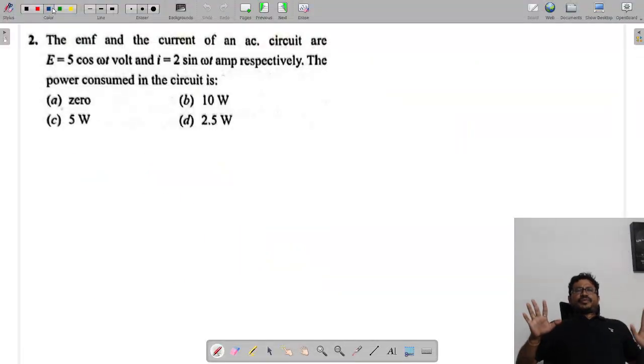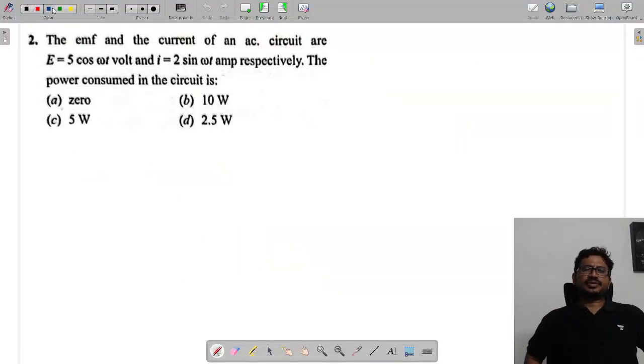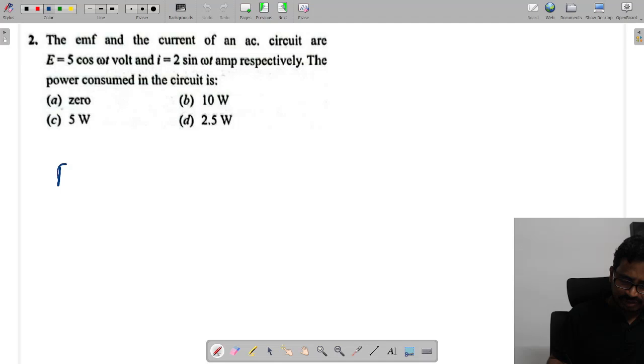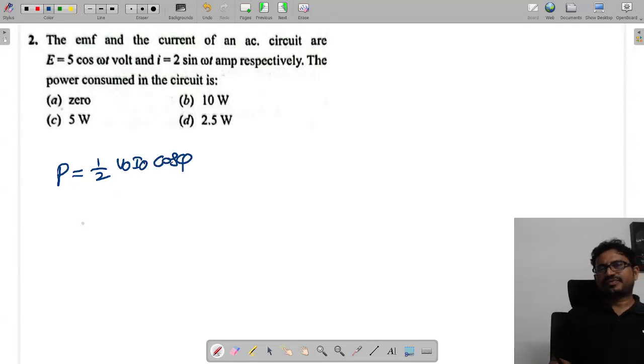The EMF and the current of an AC circuit are given like this. The power consumed in the circuit: the power consumed means average power, which we have seen is 1 by 2 V naught I naught into cos phi, where phi is the phase difference.